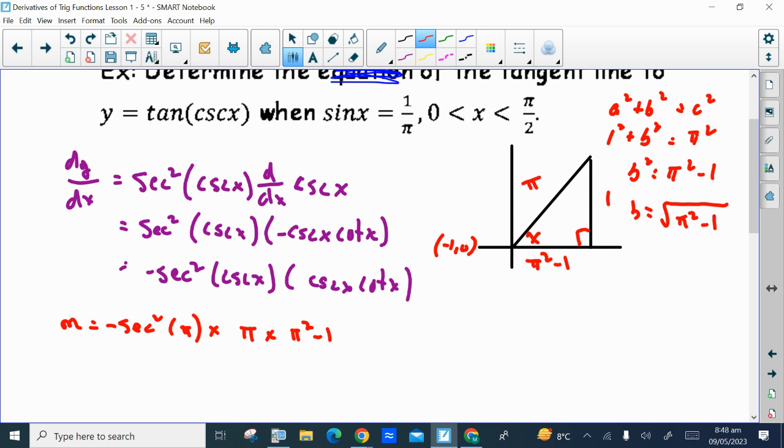The cosine is negative 1 over 1, and the reciprocal of that would be still negative 1 because it's 1 over negative 1. So now this is going to give us a negative 1, but that one's going to be squared, times pi times the root of pi squared minus 1.